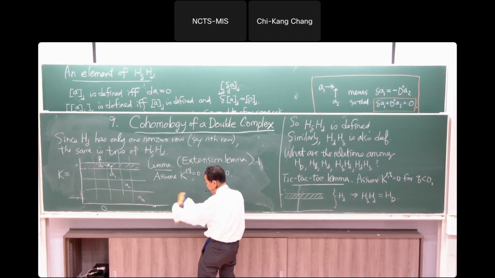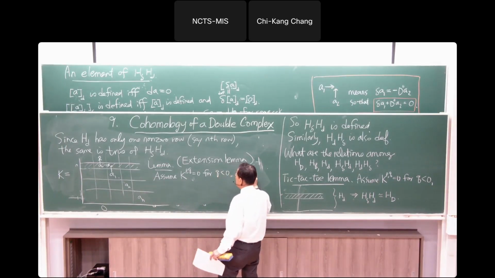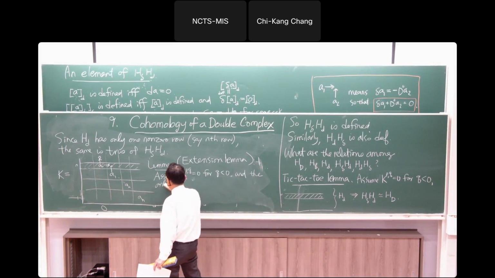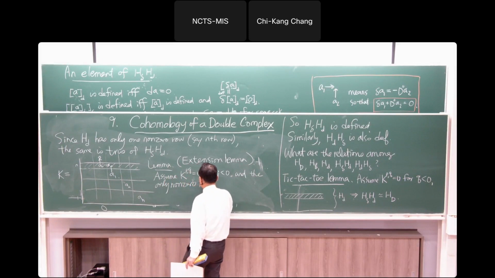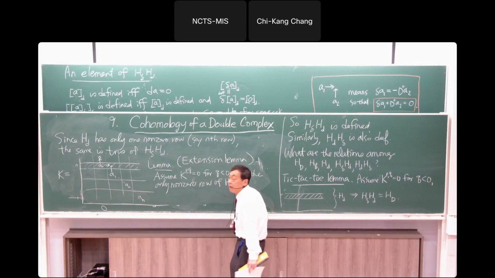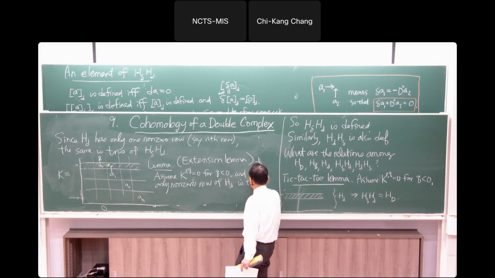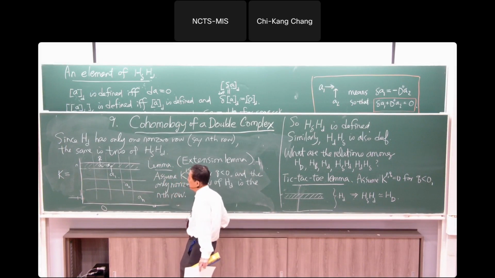And the only non-zero row of H little d is the nth row. Okay.